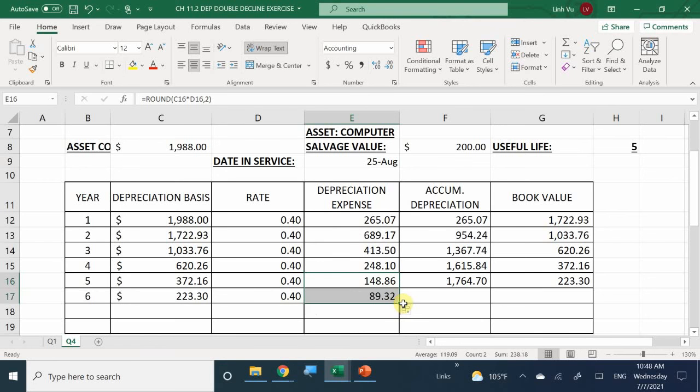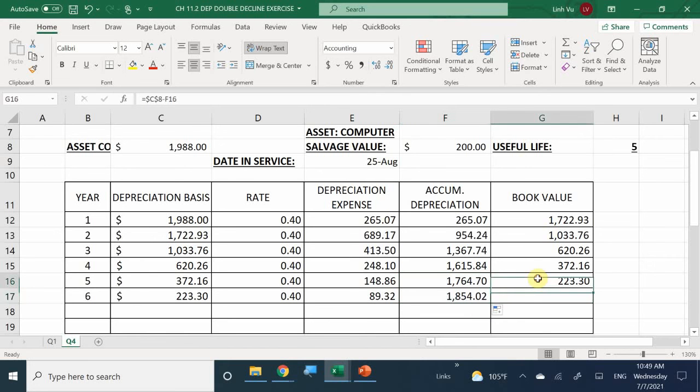89.32. Okay. And then my accumulated depreciation? 1854.02. Okay.